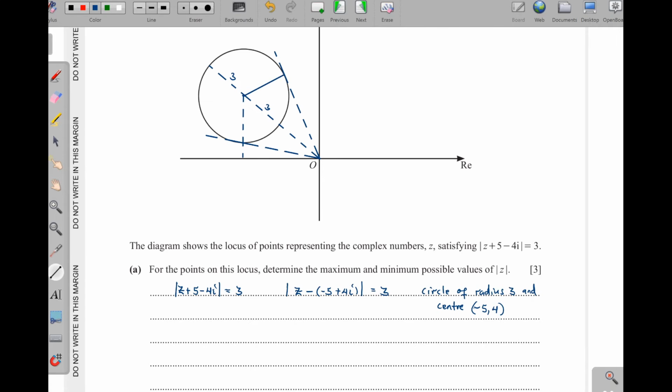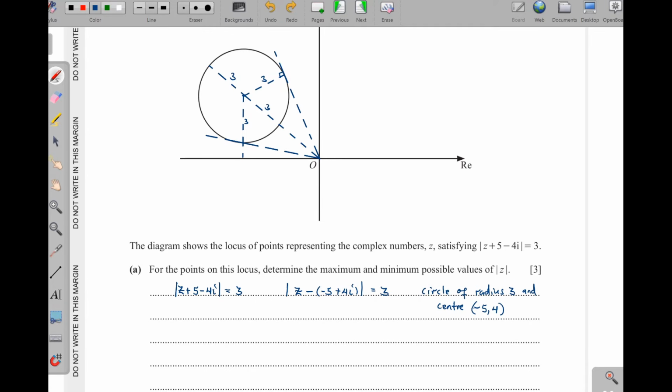In circle theorems, you know that the angle between the tangent and the radius is always equal to 90 degrees. You see that? Well, this one is 3 units, 3 units here. Now, this is a tangent because it is meeting the circle at one point here. You see that? All right.